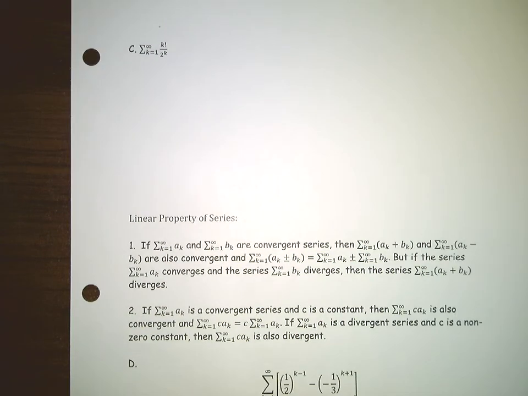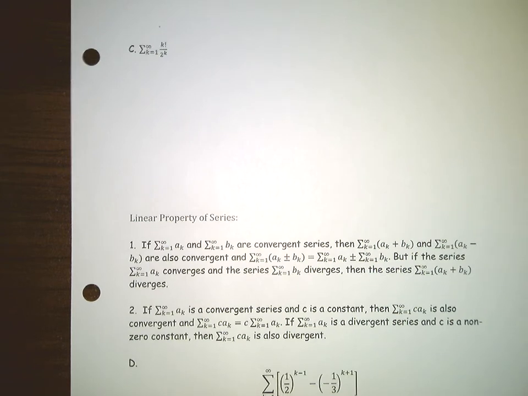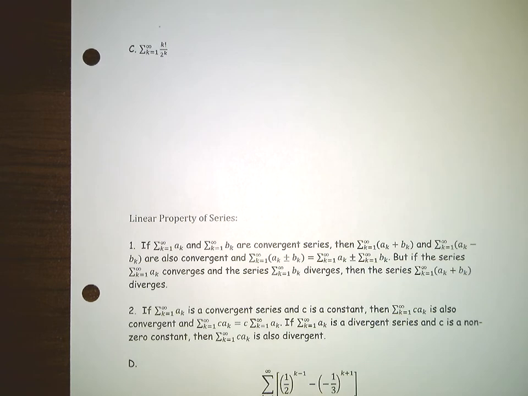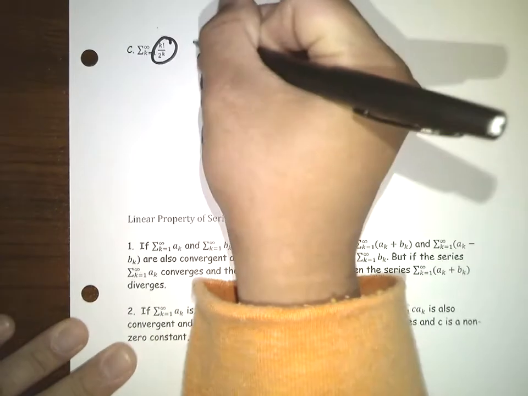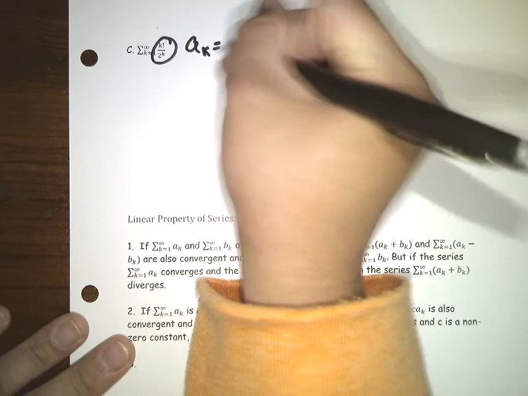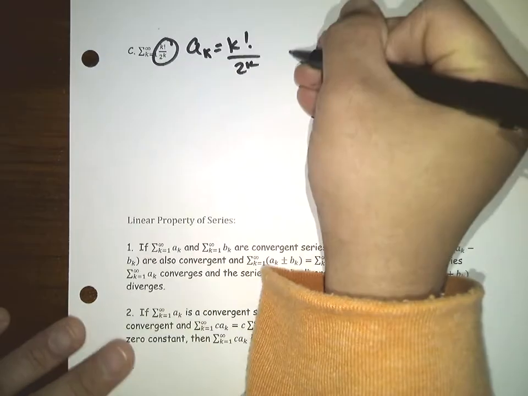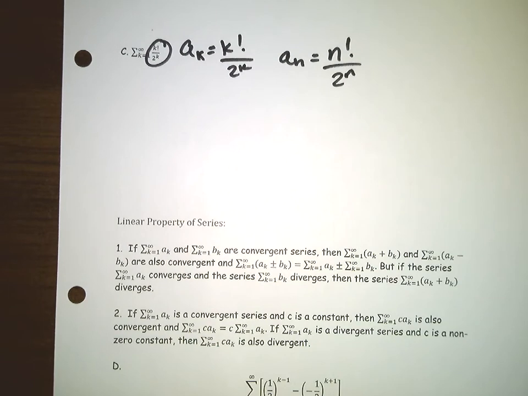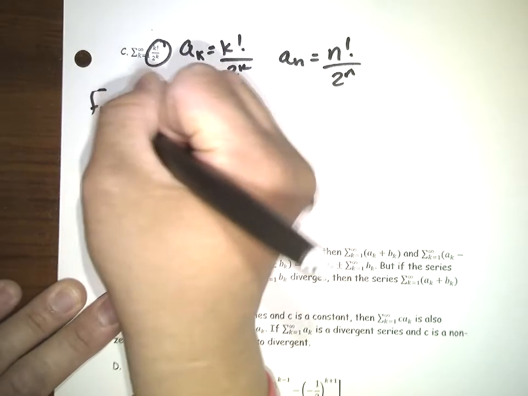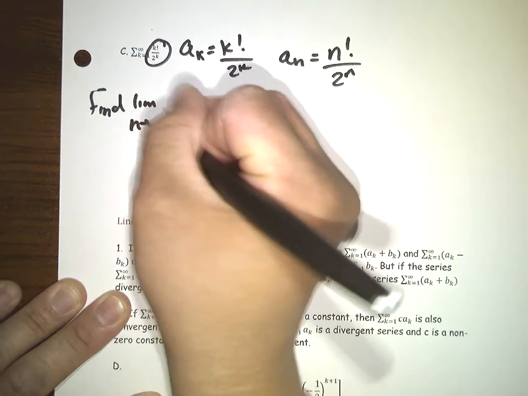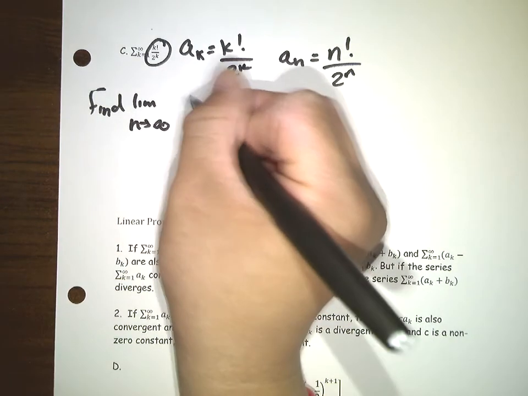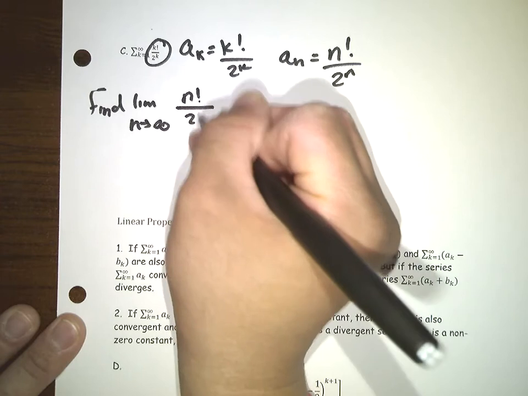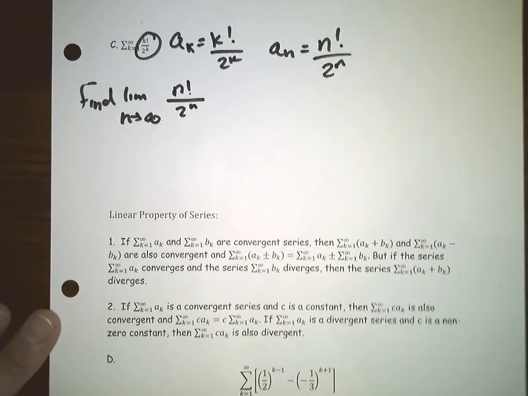So the sum from k equals 1 to infinity of k factorial over 2 to the k. So a_k was k factorial over 2^k, so a_n is n factorial over 2^n. So we want to find the limit as n goes to infinity of n factorial over 2^n.